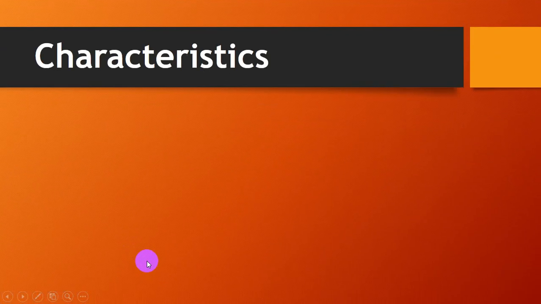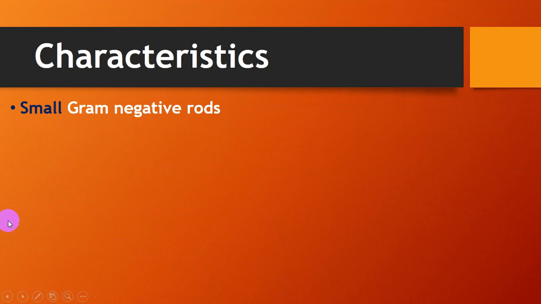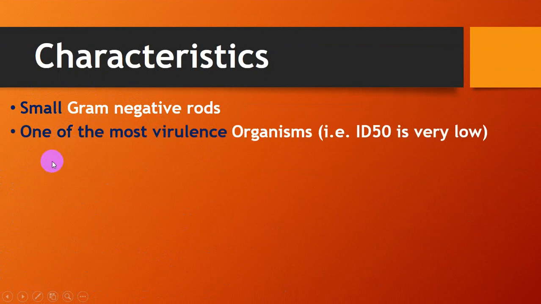So proceed next. Characteristics. What are the characteristics? Small gram-negative rods. These bacteria are gram-negative rods but are very small, so you can remember it. Another characteristic is that it is one of the most virulent. I have told you it caused 25 million deaths, so you can understand that it is the most virulent organism.